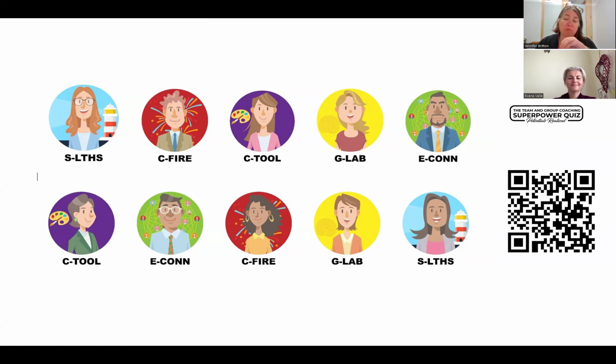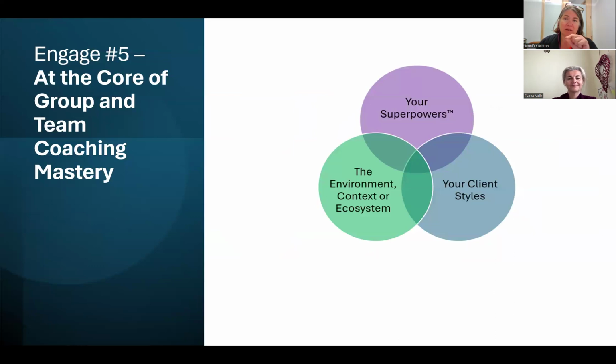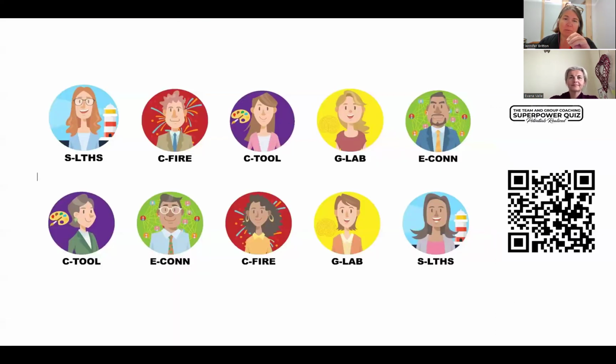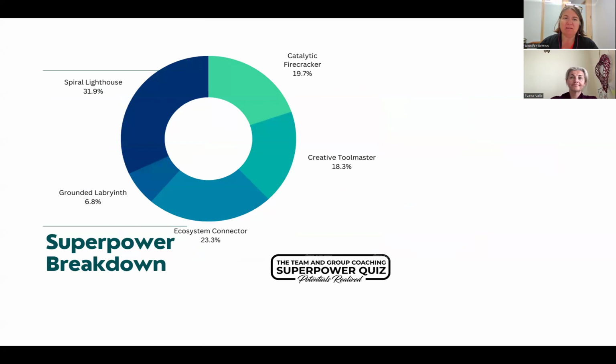So again, with superpowers, we may have dominant strengths, and superpowers are not the same as strengths. Superpowers are really blending all of these elements together so that we can meet the diverse needs of the work styles. And here's what we found in the first 2,000 people who had taken the quiz. While this may not be representative of the 60,000 credentialed coaches in the world, 31% of respondents were Spiral Lighthouse coaches.